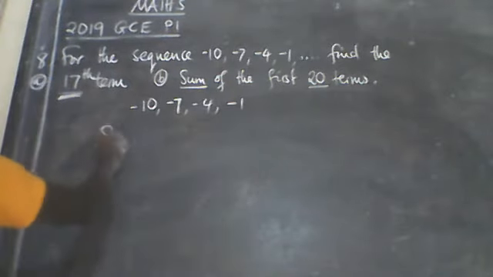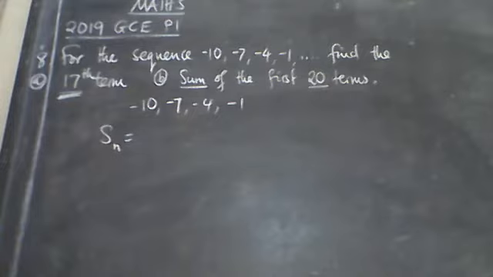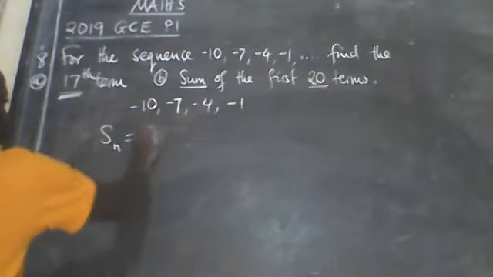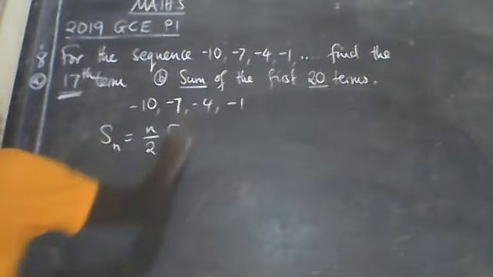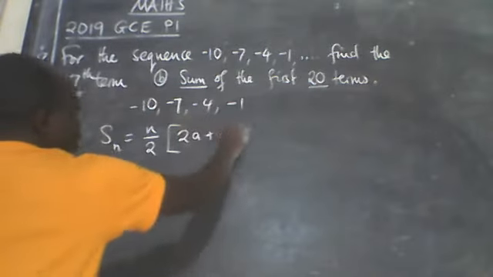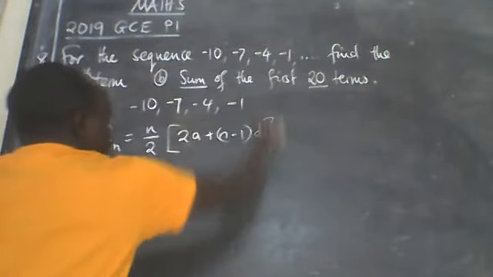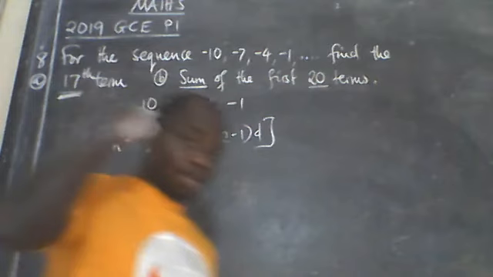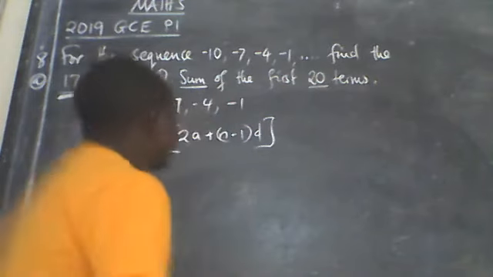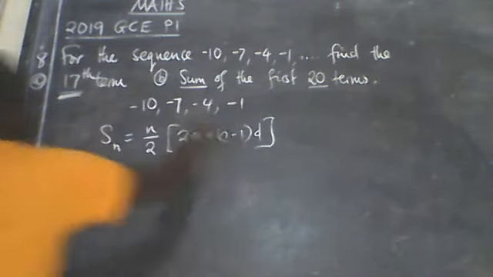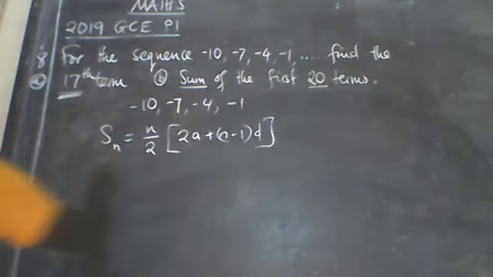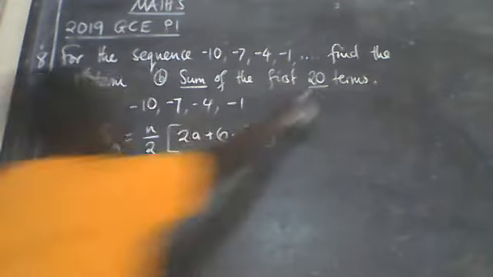So we are finding the sum. The formula is: sum is equal to n over 2, square bracket, 2a plus (n minus 1) d. That is the formula. Then from that you make some substitutions. Sum of how many terms? 20.